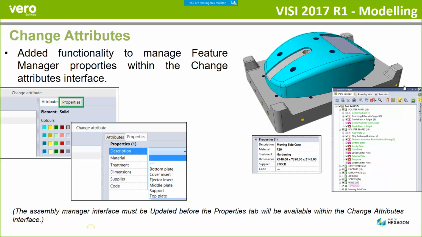You'll see this in the movie in a second, but if you created new geometry since last updating the assembly manager, you have to go into the assembly manager, just refresh the interface, and then you can go back to the change attributes, and you'll see the properties tab where you can go and add assembly manager data.